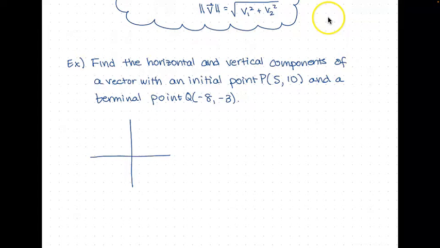So 5, 10, we'll just put up here. I'll say that this is point P at (5, 10). And then point Q, -8, -3, I'll just put here. So your vector is pointing in this direction. Is your horizontal component positive or negative?